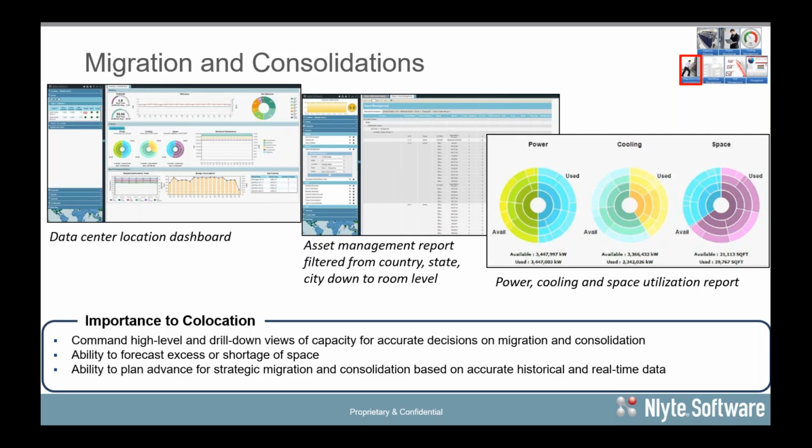I have another example of a colo customer, actually two here in the Northeast. The power, cooling, and space sunburst graphics are there, and they highlighted that they can use them to quickly find those resources. They're using NEO to track multiple data centers and rooms at a high level, right? We're getting power, cooling, and space. And in our second example, that specific colo customer does not have a BMS, a building management system.